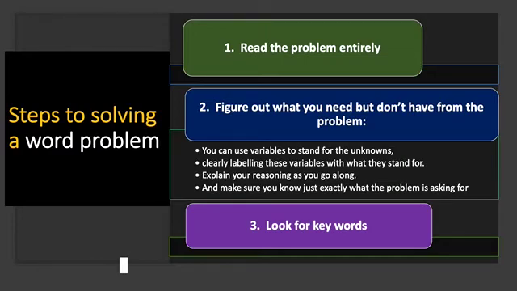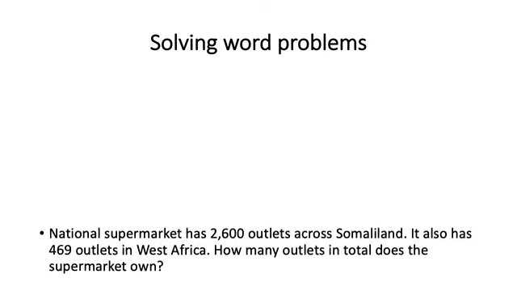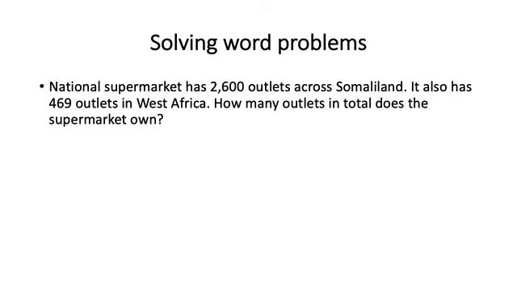Now, let's try solving some problems. Remember, our first step is to read the problem entirely. Now let's read. National Supermarket has 2,600 outlets across Somaliland. It also has 469 outlets in West Africa. How many outlets in total does the supermarket own? The second step is to figure out what you need but don't have.